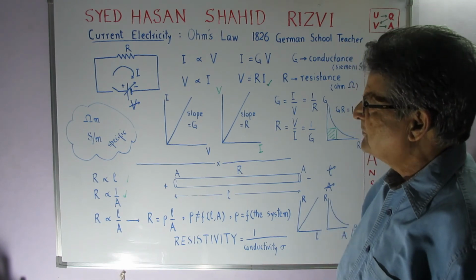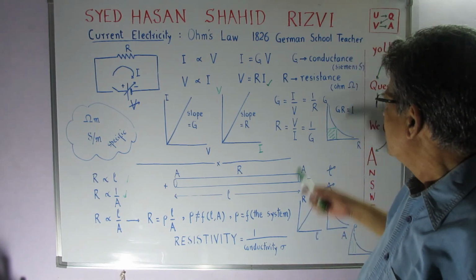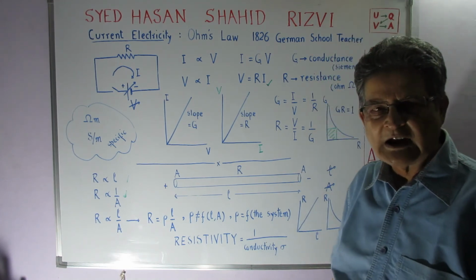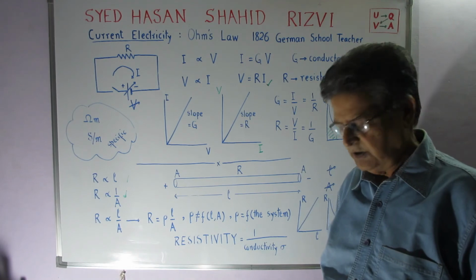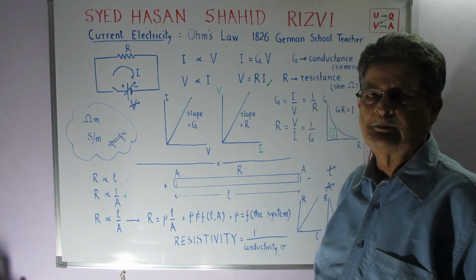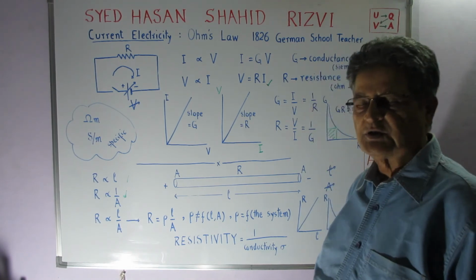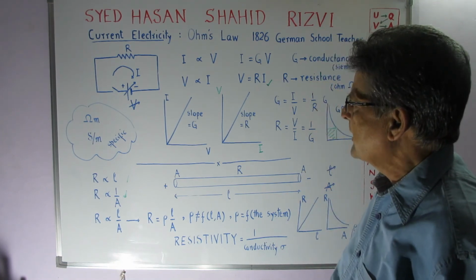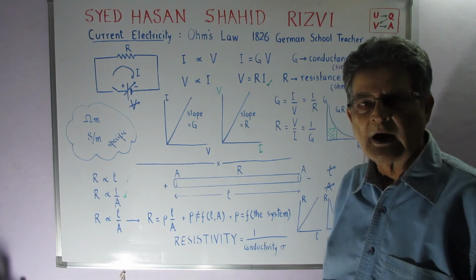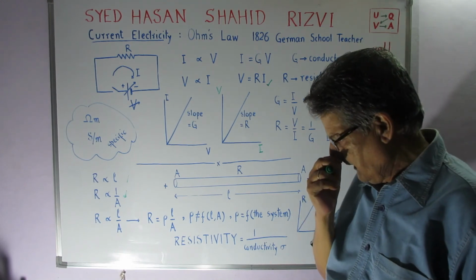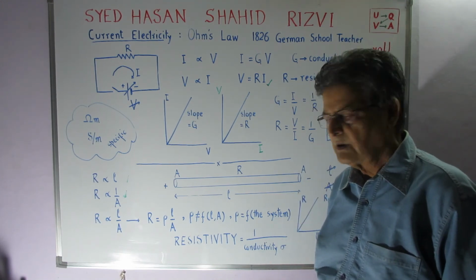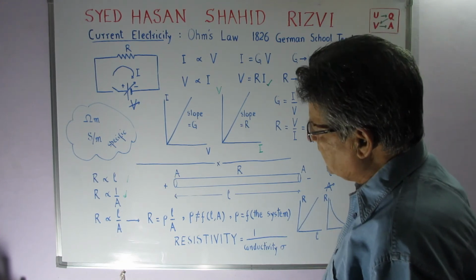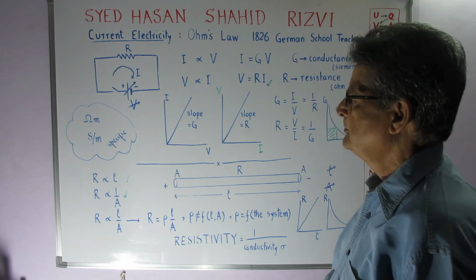But if we have terms ending in -ance, that is the property of the device: resistance, conductance, capacitance, inductance, etc. Now, I wind it up here.